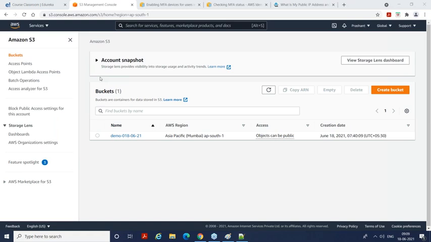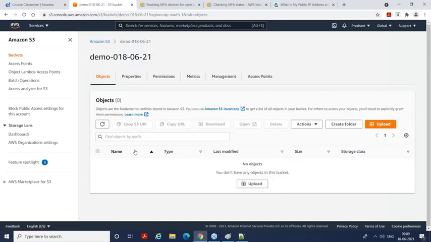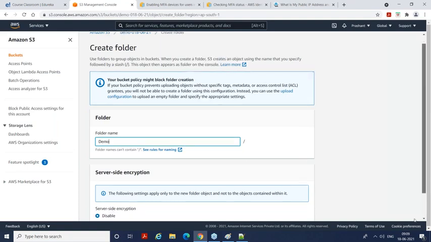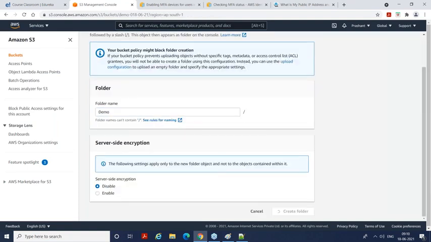How can I create a directory tree structure in an S3 bucket from the S3 console, and then place a file under a specific directory? Okay, so you're requesting the creation of a folder. Instead of directly adding a file, you need to create a folder. Let's say demo. Okay, so I'm creating a folder.